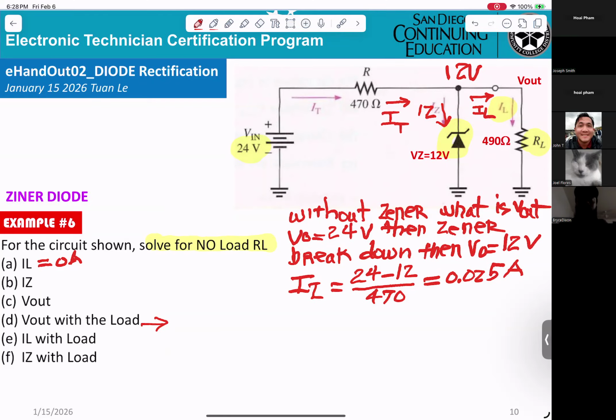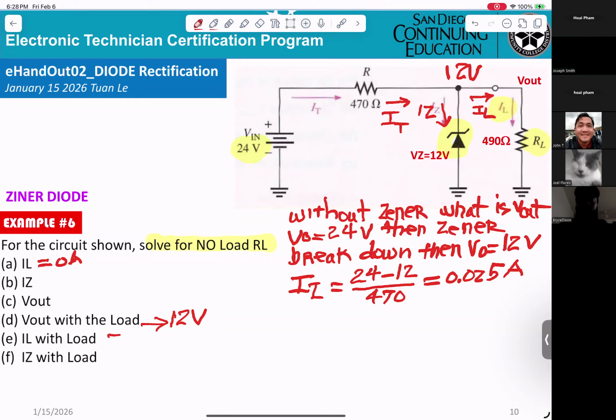When you get the load, that means V out, same thing, will be 12 volt. IL with the load, they are asking for current IL.